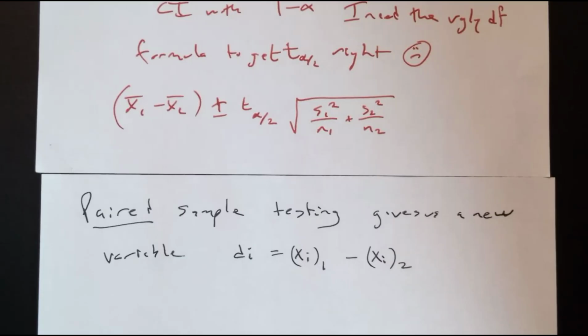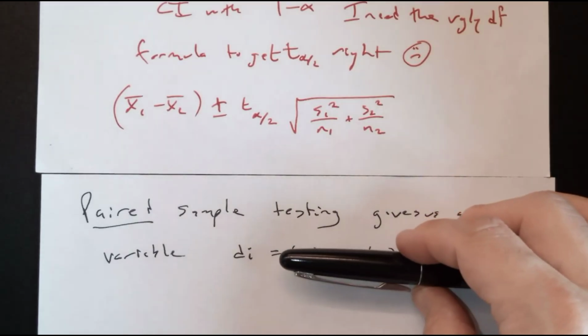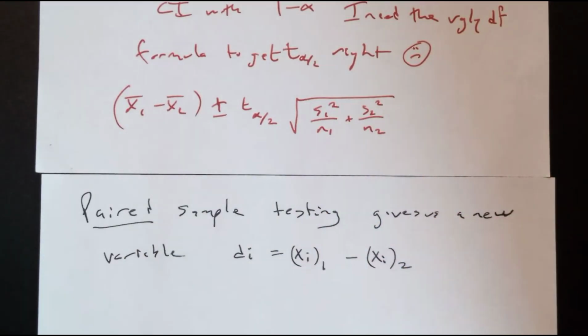Oh, wait a second. I no longer have two groups. I just have one group. I have the group of differences. And then I can do a one sample test on the D's.